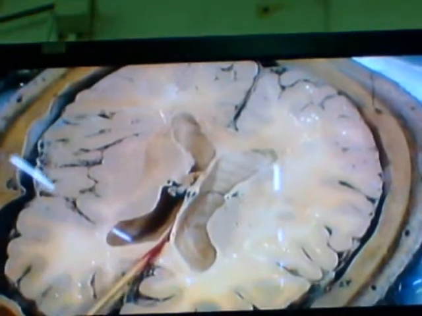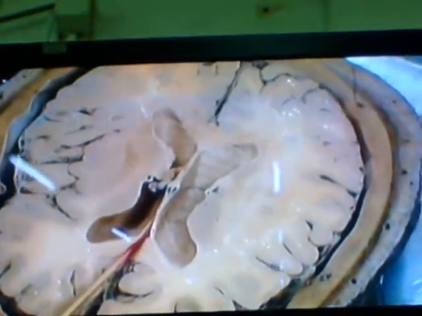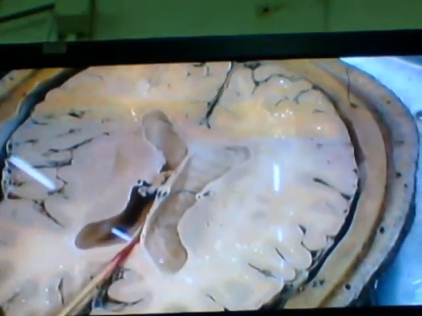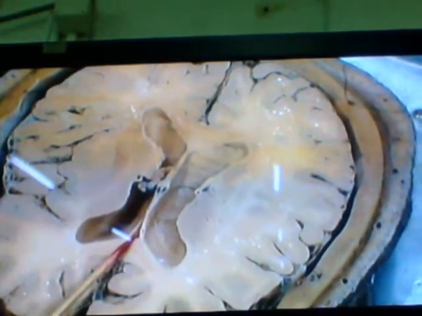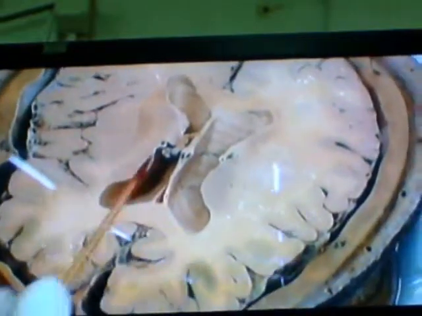You see the septum in the middle? So this is lateral ventricle and this is lateral ventricle. What do we call the septum right here? Septum pellucidum cavum. You see the little cave? It is a little cave in the septum pellucidum.